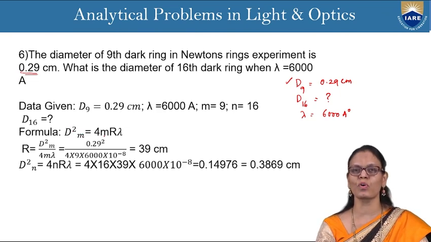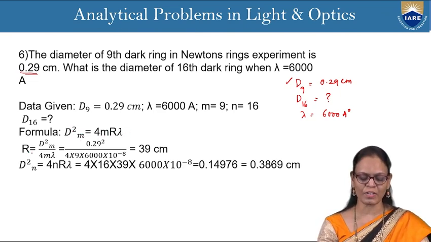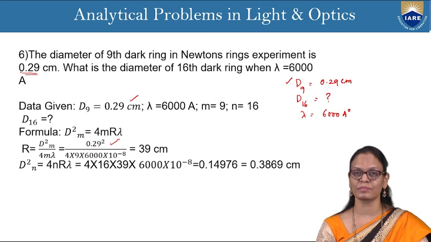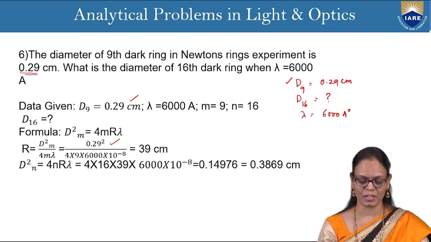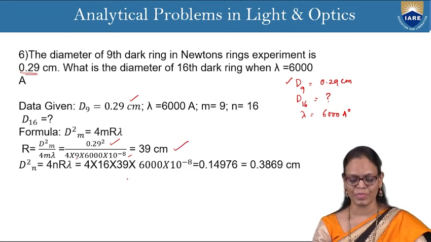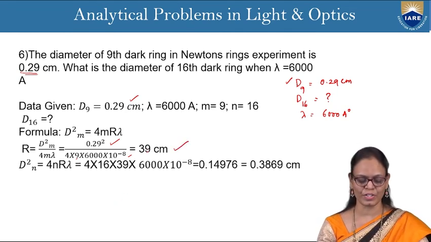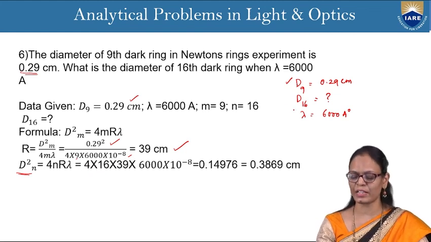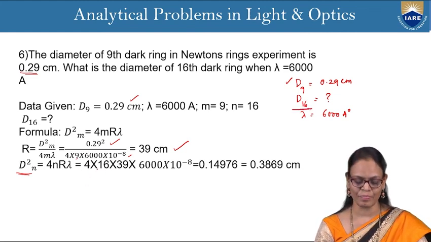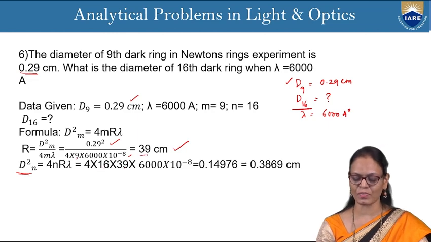So what is the formula we have for the diameter square? Dm square is equal to 4mR lambda, or R will be equal to dm square upon 4m lambda. So dm here is the diameter of the 9th ring, we are substituting, upon 4 into 9, the 9th ring, and the lambda, we have got the radius of curvature. Once we get the radius of curvature, we can find dn square. So dn square is 4nR lambda. n here is 16 because we are finding the diameter of the 16th ring. 16 into radius of curvature.